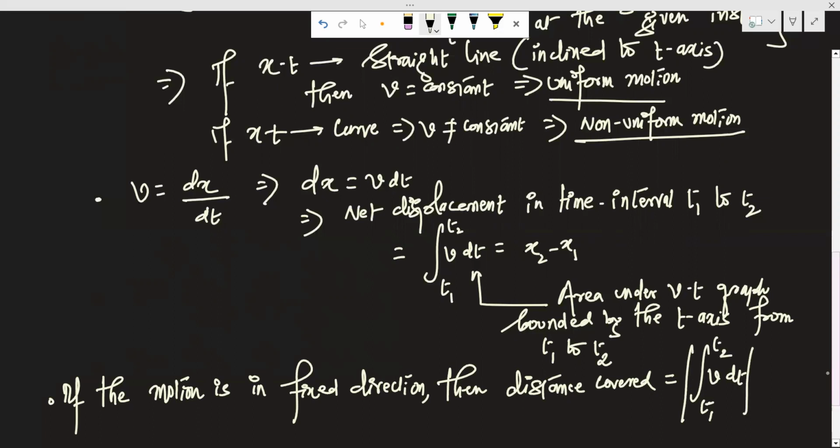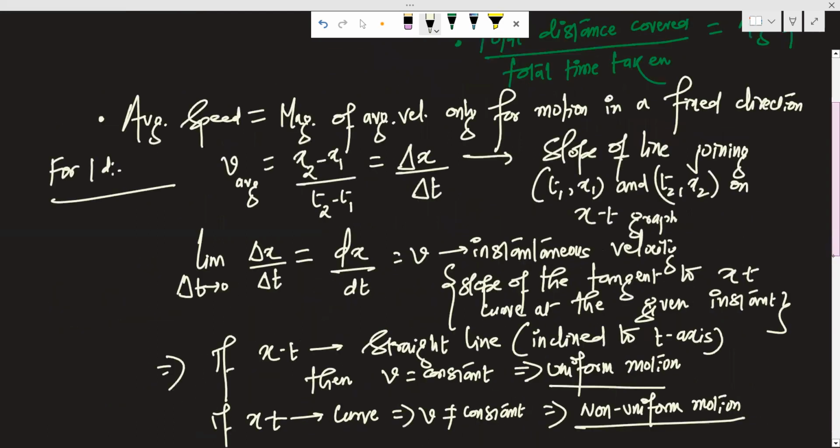Why? Because if velocity is positive, the area under the graph or the integration will be positive, and the distance will be positive. And if v is negative, if the velocity is in the negative direction, then also the length of the path or distance will be positive. That is why.